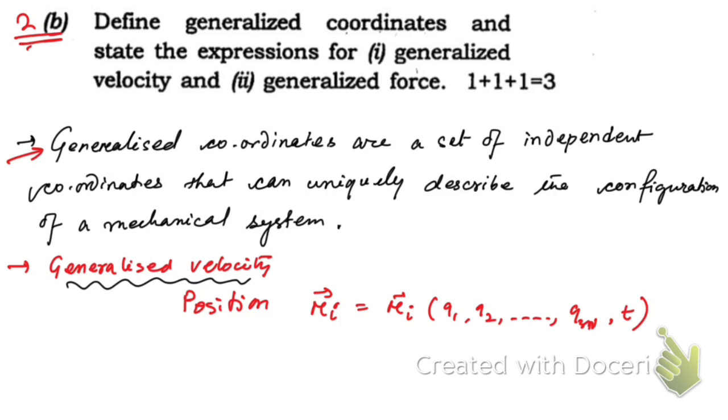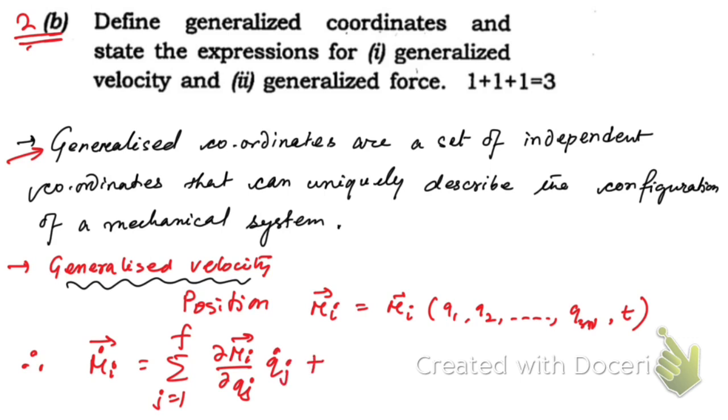Then the generalized velocity will be given by Ri dot, which is equal to the sum over j equal to 1 to f, where f is the number of generalized coordinates, of del Ri by del Qj into Q dot j, plus del Ri by del t, right?